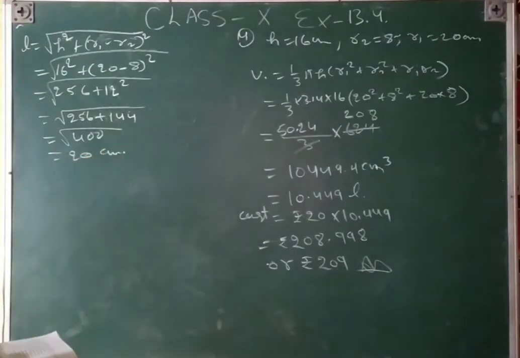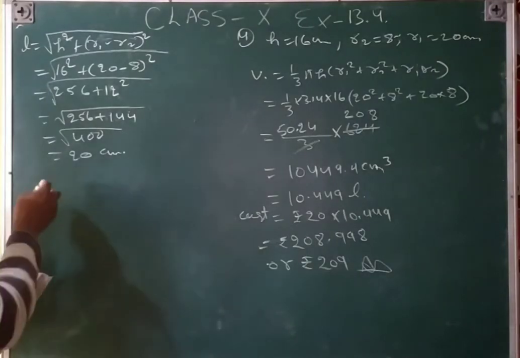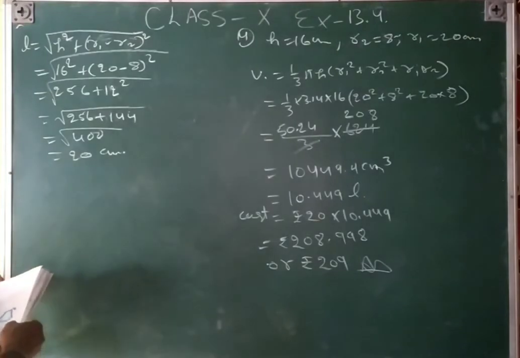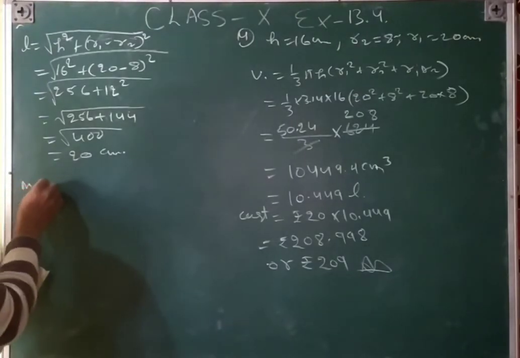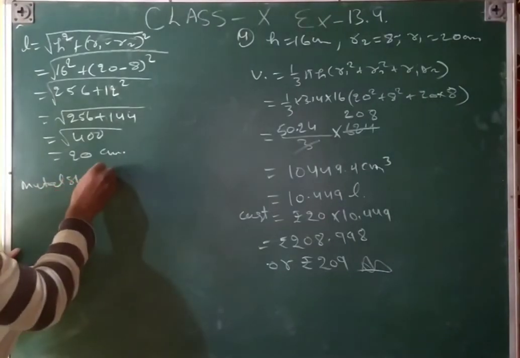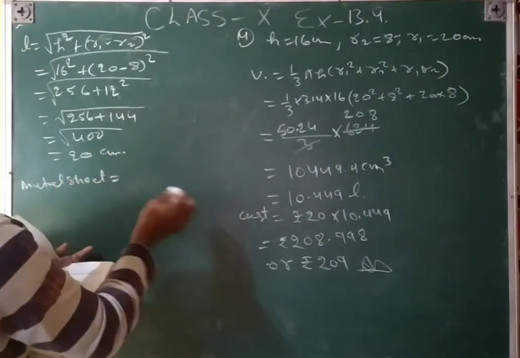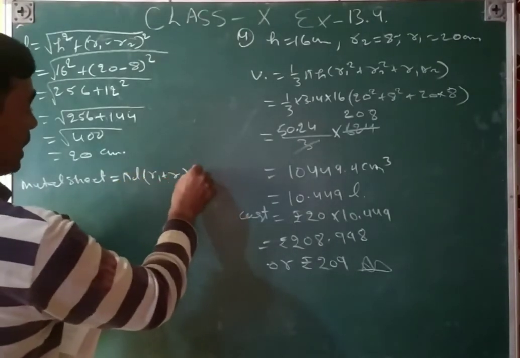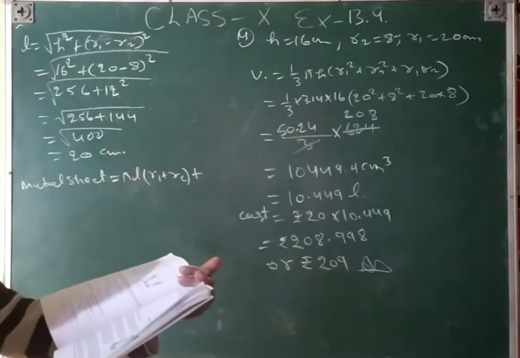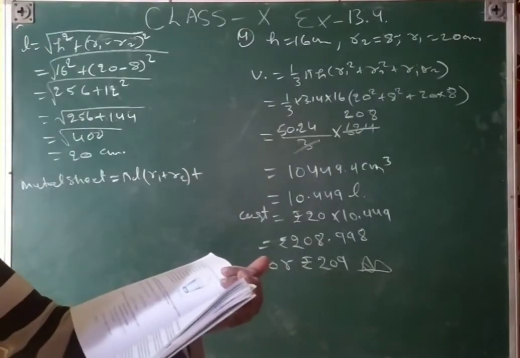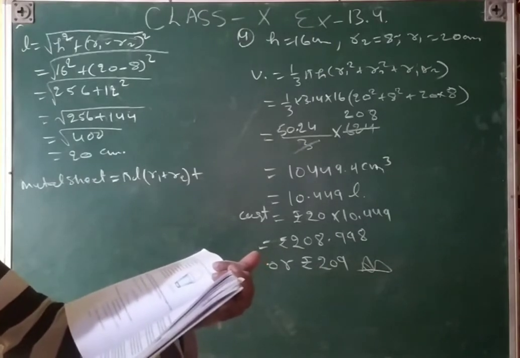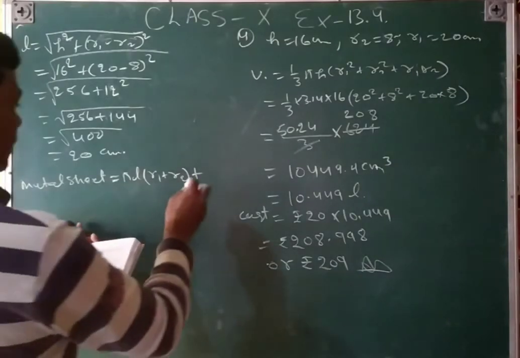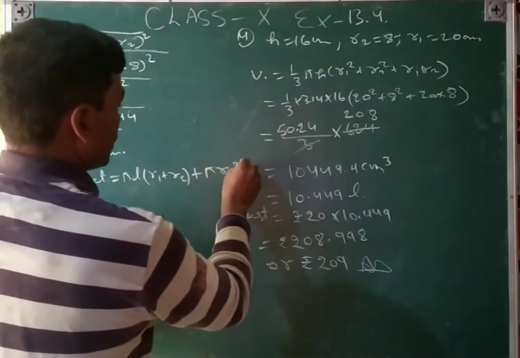It means 20 centimeter, we have found the L. Now the metal sheet is equal to CSA, that is pi L into R1 plus R2, and then plus, since the container is closed from the bottom and open from the top, we will take the smaller radius, pi R2 square.